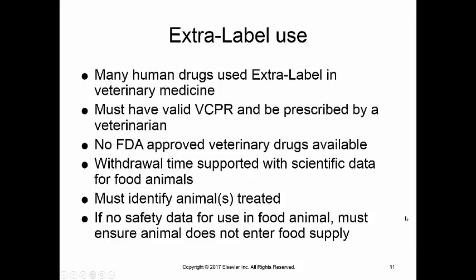When we look at extra label use, there's a lot of human drugs that we use extra label in veterinary medicine, and a big reason for this is a lot of our drugs come from the human side originally, and drug companies do not always make them available in the veterinary form. So we end up using these to treat conditions, just like we saw with the prednisone on the previous slide.